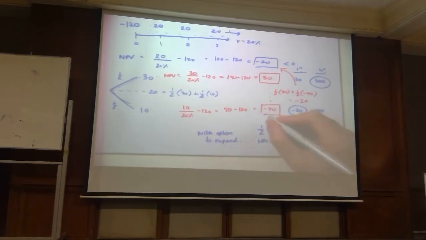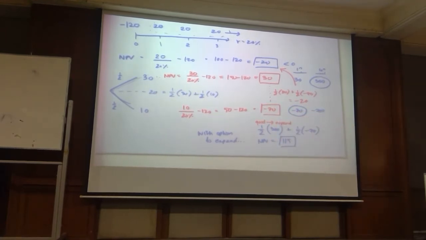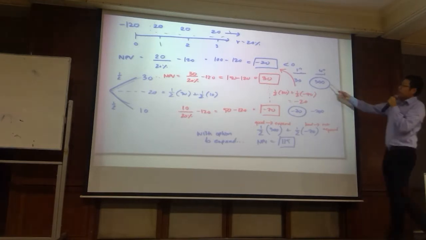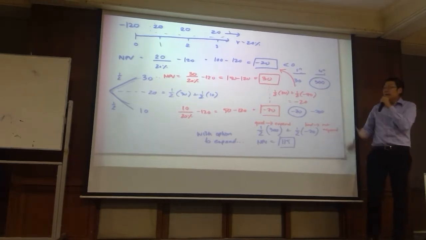Because if it's good, you're going to expand. You're going to use our right to expand. If it's bad though, you're going to choose to not expand. Notice here, when we pick these numbers, we're pretty much picking the higher number.